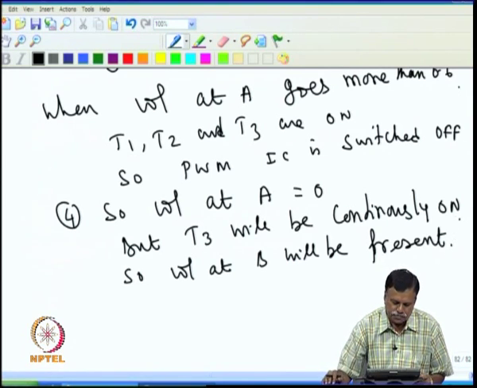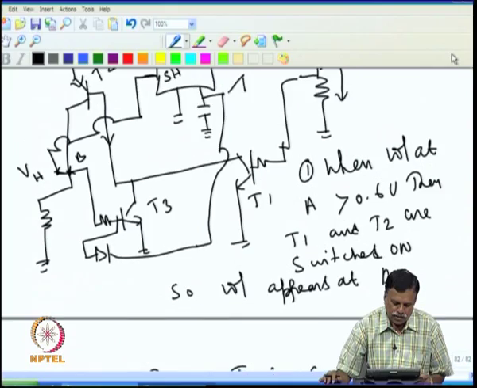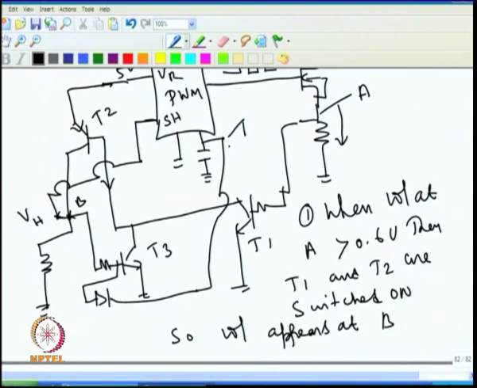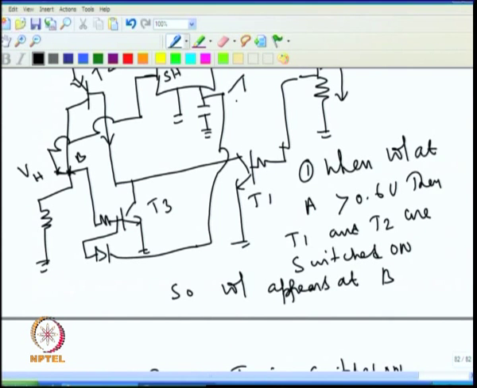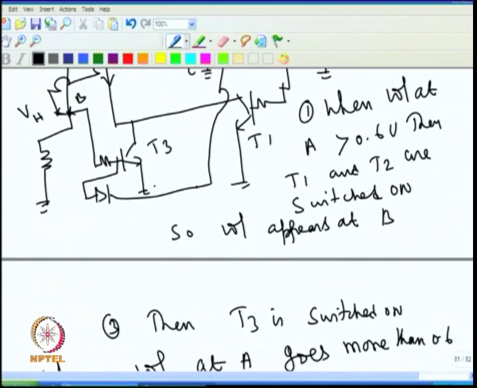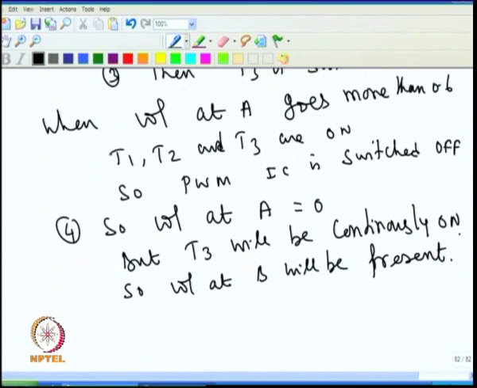Now, when the sawtooth voltage goes down to 0, that is when the voltage at the capacitor, I will mark this as C, when the voltage at C drops to 0, then D3 goes off.